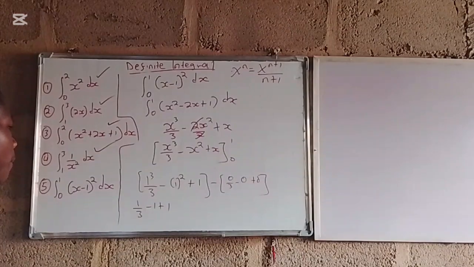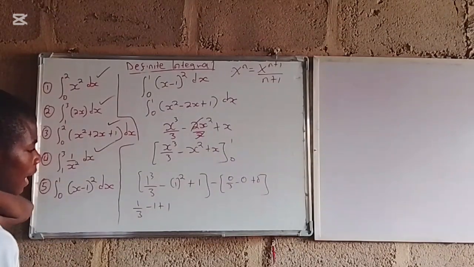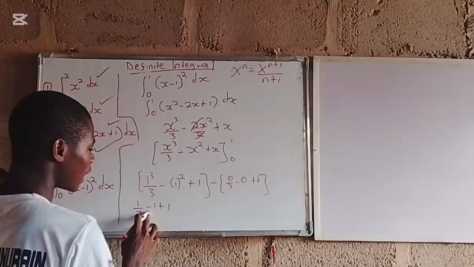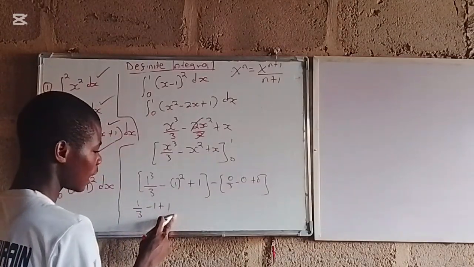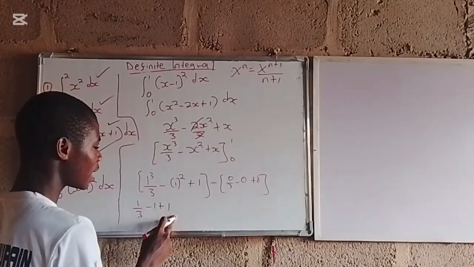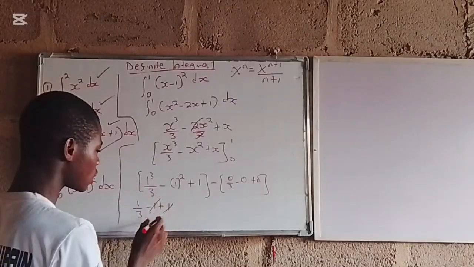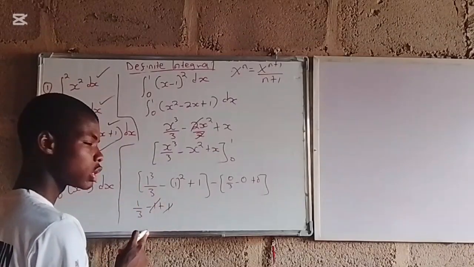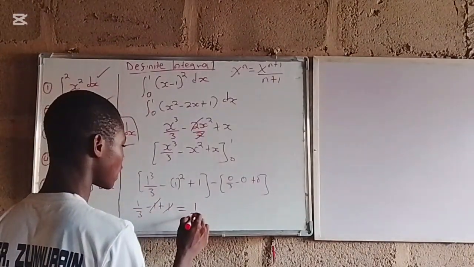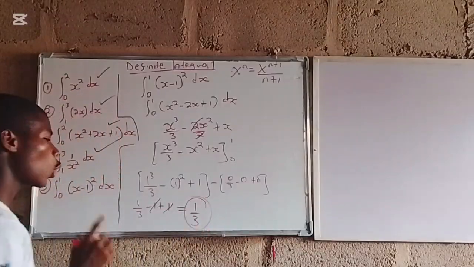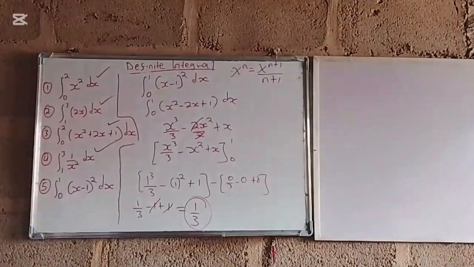As you can see, the next thing that I'm going to do here is that negative 1 and this, negative 1 and this will go, it will give me 0. So therefore my final answer should now be 1 over 3. So 1 over 3 is the final solution to this question.